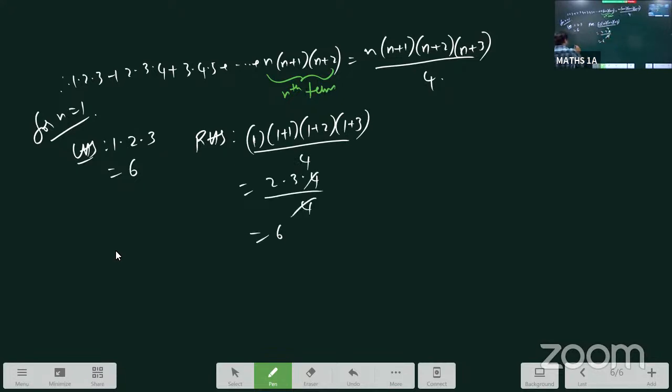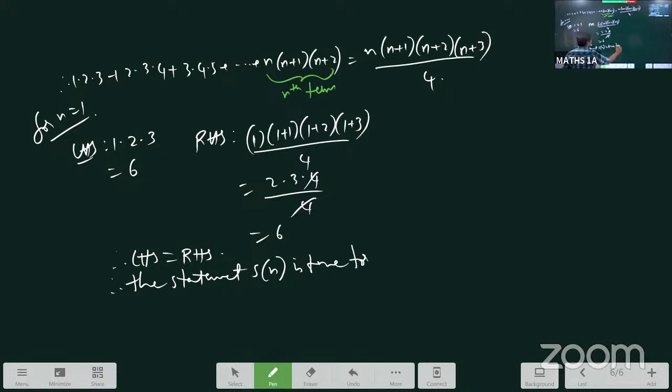Correct now? Therefore, your LHS equal to RHS. Therefore, the statement S of n is true for n equal to 1.